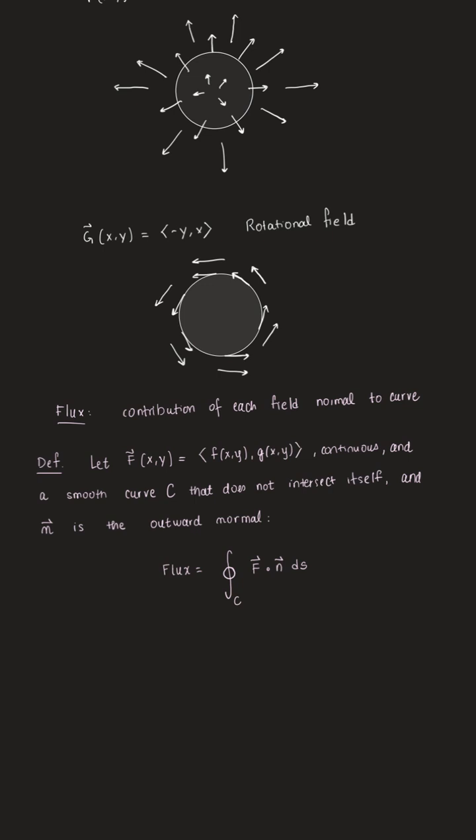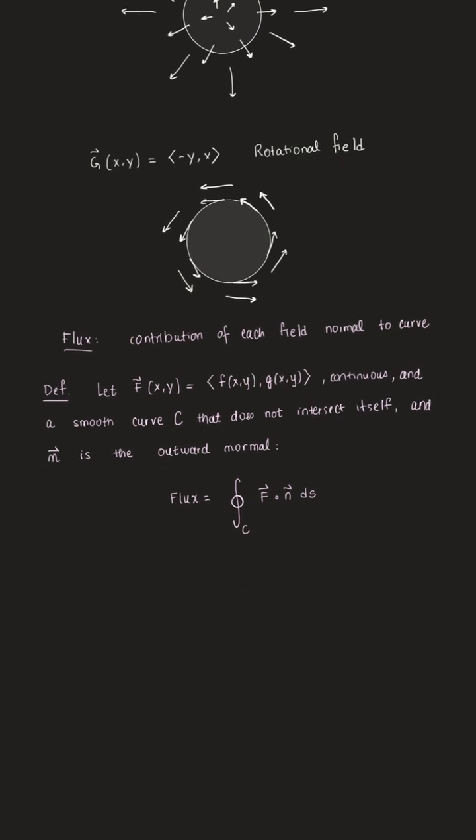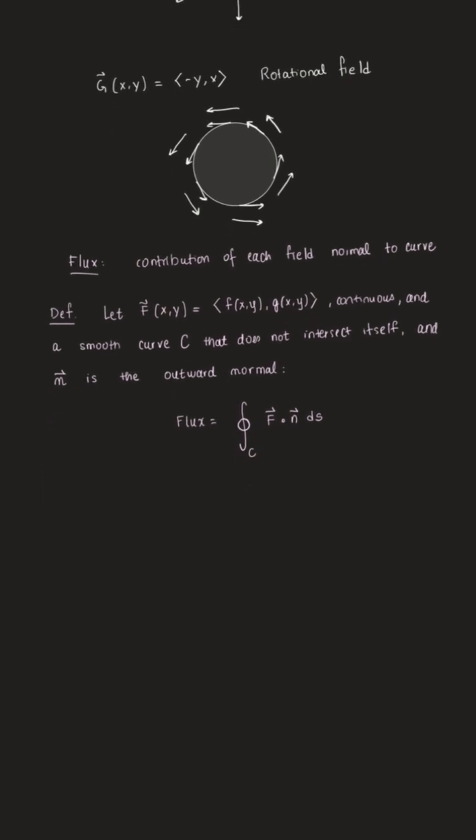A couple of notes. Our first note is, what do I mean by a curve that does not intersect itself? That is one of the premises of this definition. Our curve C does not intersect itself, because it's very difficult to measure what an outward normal is when a curve intersects itself. We call this property of a curve simple.